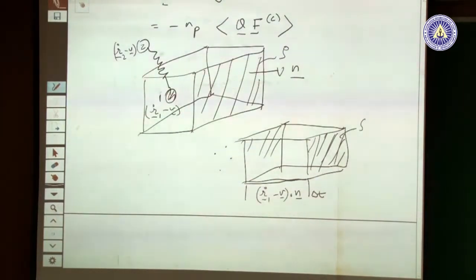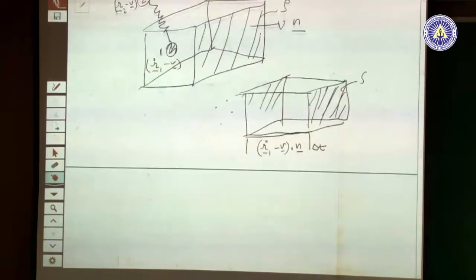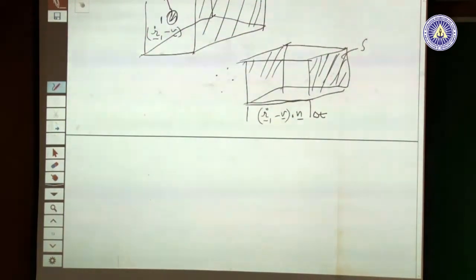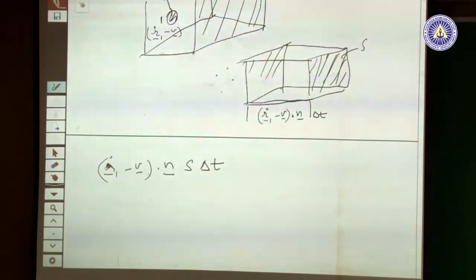So, if I want to know the flux of beads 1 that have gone through this, it is all of these, right. This is the distance times the surface area, that is the volume, everything in this volume. So, I would say r1 dot minus v dotted with n times S times delta t, that is a volume, times n p, the number per unit volume.